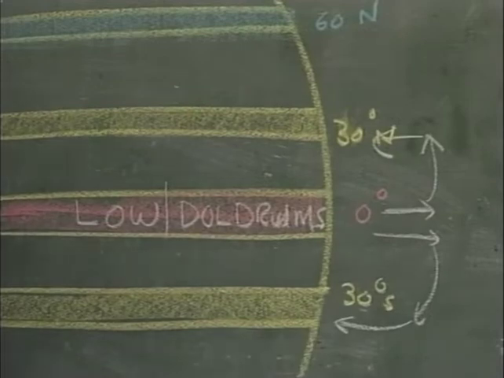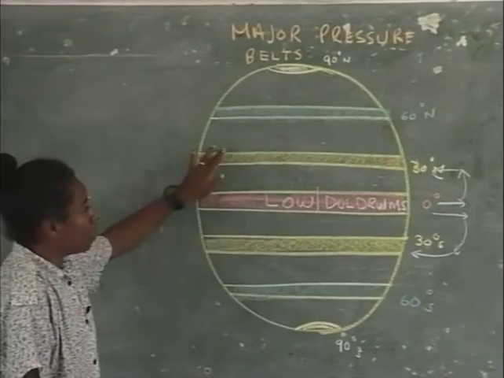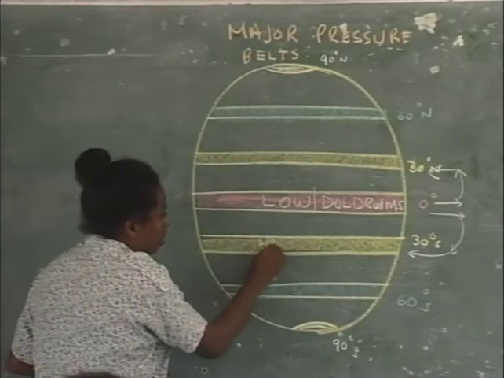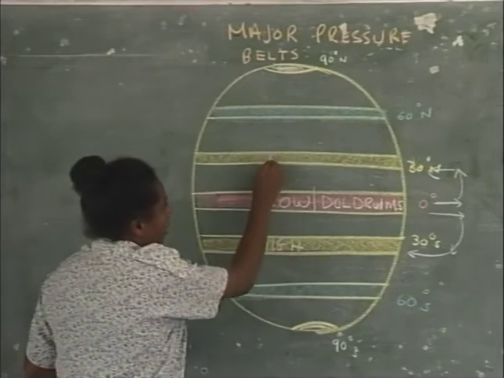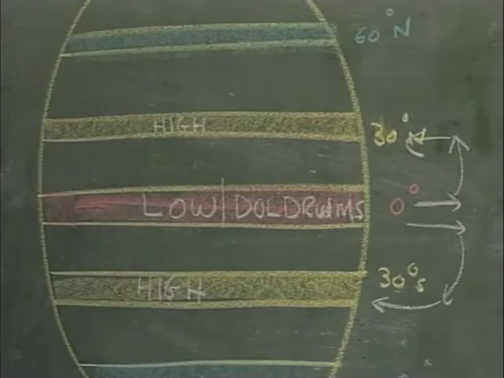And when that air sinks, what type of pressure do you think it will create at about 30 north and south? A high pressure. So at the 30 degrees north and south, there is a distinct high pressure belt, and those high pressure belts at 30 degrees north and south are also known as the Horse latitudes.